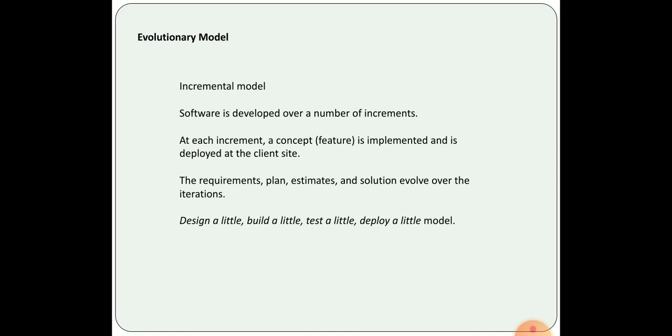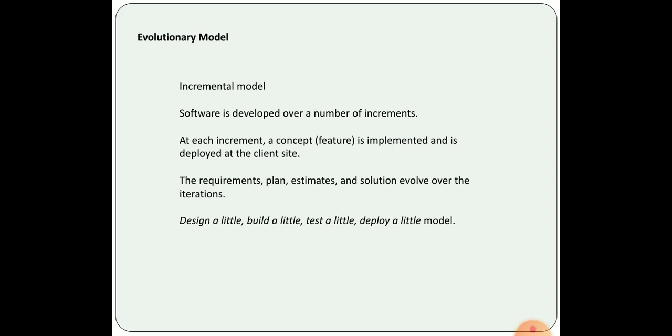In the evolutionary model, the requirements, plans, estimates, and solution evolve over several iterations rather than being fully defined and frozen plans. Such evolutions are consistent, and in one sense, the evolutionary model is an extension of the waterfall model.